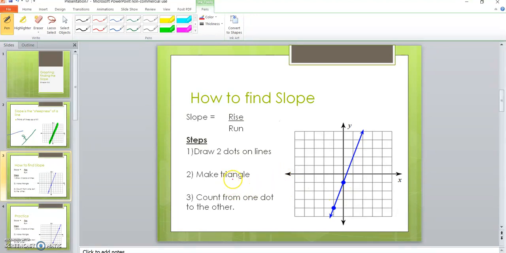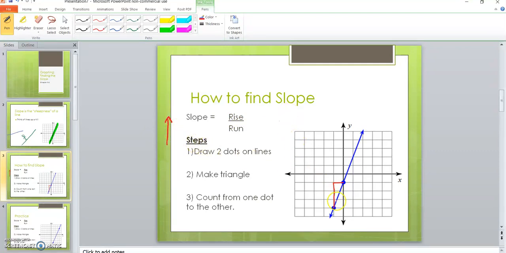So the second thing to do is make a triangle. So we're always going to follow these lines and make a triangle. Okay, so it's going to be straight up or straight down and off to the right. Okay. Now, when we think of the word rise, it means to go up.